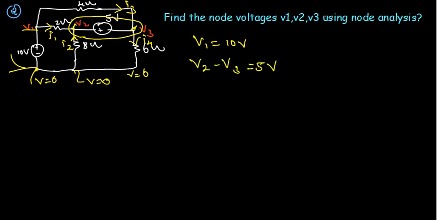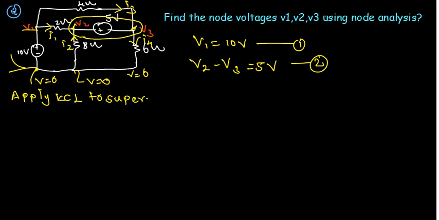We need only one more equation to solve this, because there are three unknowns, V1, V2, V3. We need three equations, but we already know two. Apply KCL to the supernode.